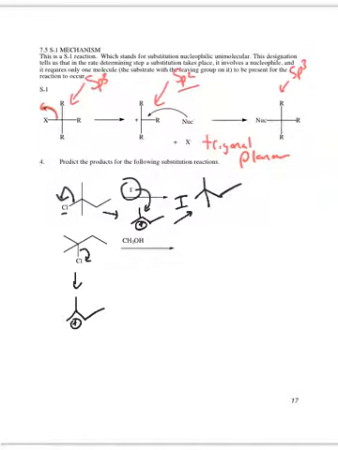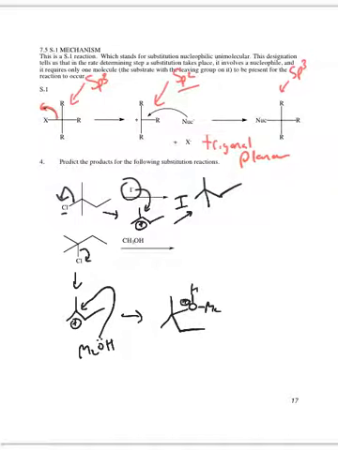Now in this example, we have methanol, and so our nucleophile is methanol. So the methanol adds, giving us our protonated ether, and then we have to have another equivalent of methanol come in to remove the extra hydrogen to give us our product for the reaction.